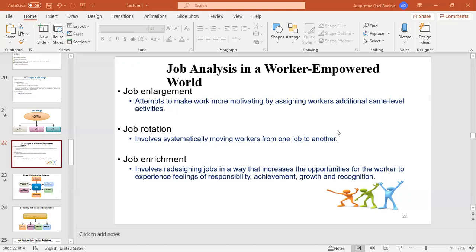So it's just like the name. You are trying to enlarge the job description of the job holder. And the reason behind job enlargement is simple. Typically, when employees are hired into an organization, in their first year or so, it is expected that they have not mastered the task to their fullest potential.